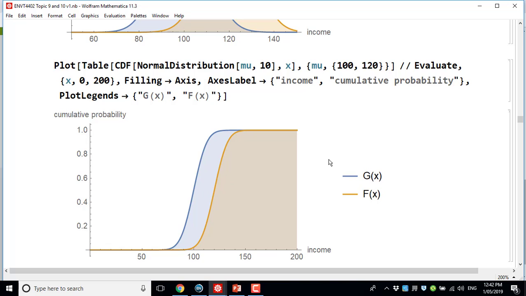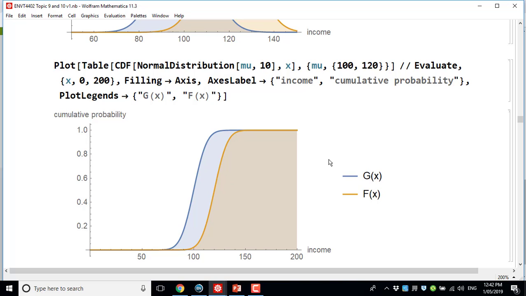We should draw that, and the codes are there, so you can try if it's working or not. Essentially you get the chance of getting a certain amount of income or lower than that amount for these two distributions, blue and orange, G of x and F of x.